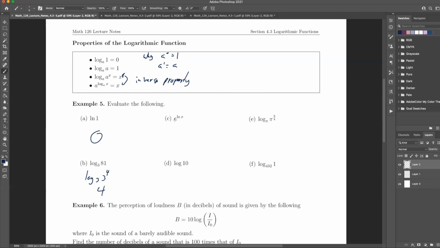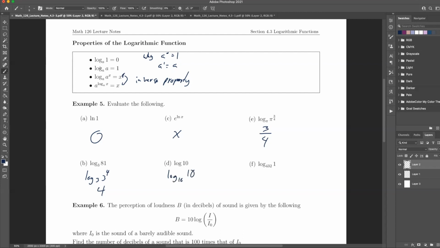Here, this uses the cancellation property. I have e raised to the log base e of x, so this is just x. Same thing here, we're using the cancellation property. Here I'll have log base pi of pi to the 3/4, so this is just 3/4. Here, log with no base, which for us is 10, so I'll write that out, log base 10 of 10.